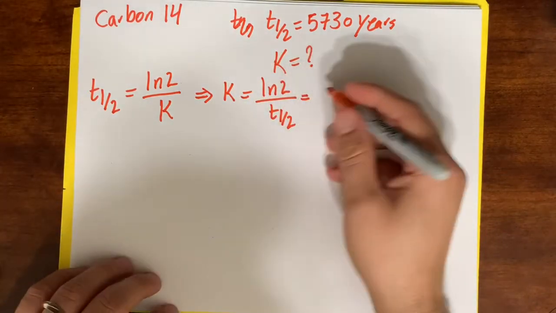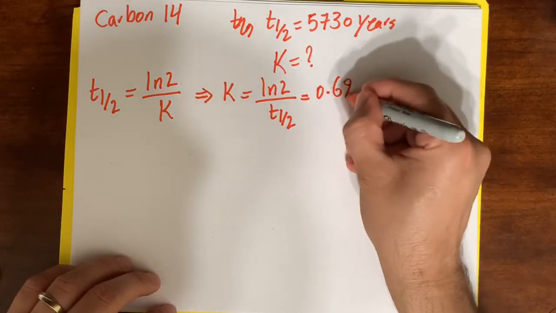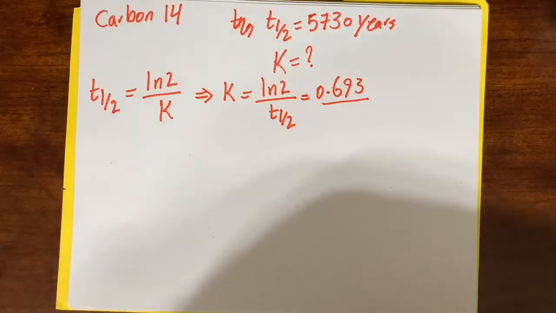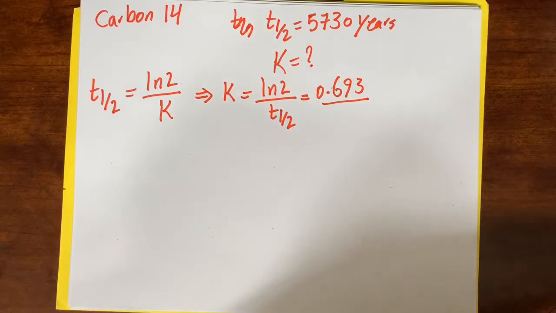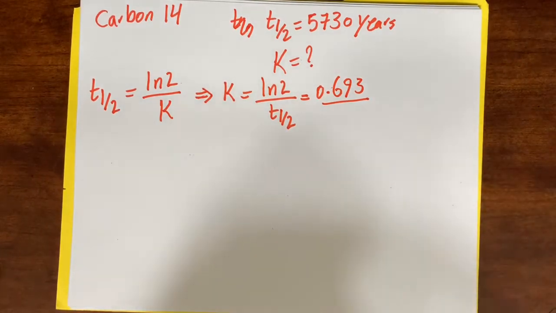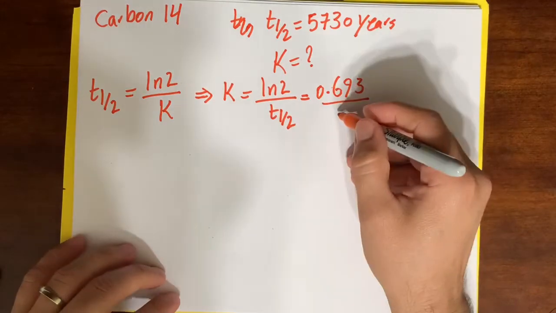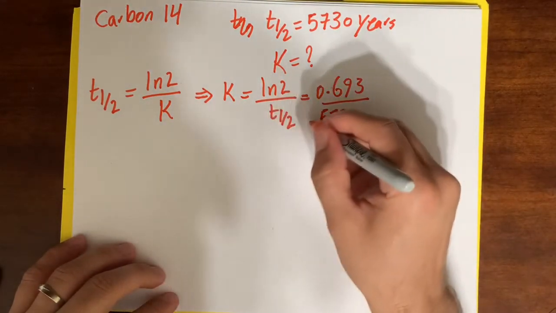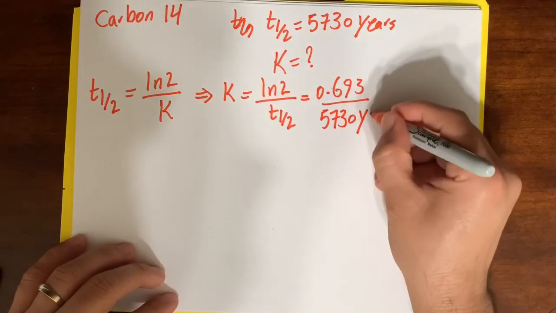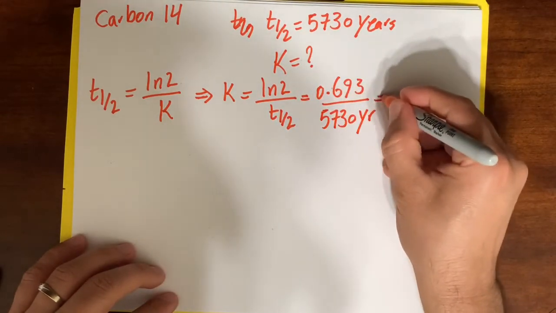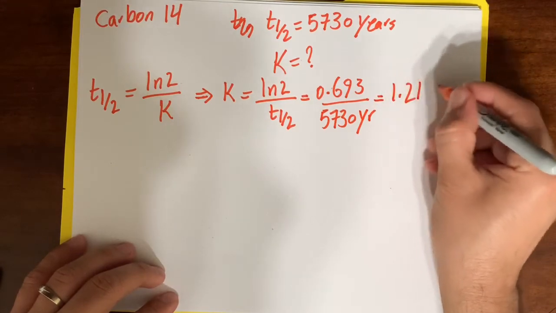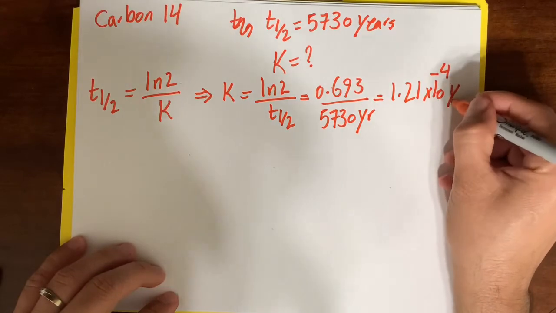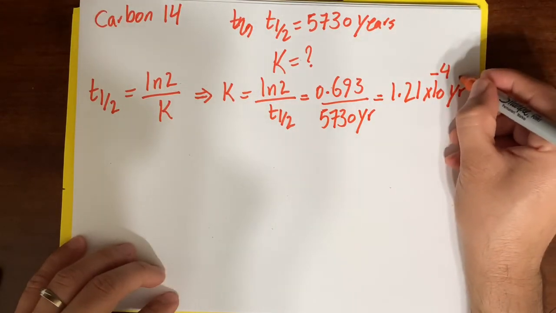Ln of 2 is equal to 0.693 divided by the half-life, we said, is 5730 years. The answer is going to be 1.21 multiplied by 10 to the power of minus 4 year to the power of minus 1.